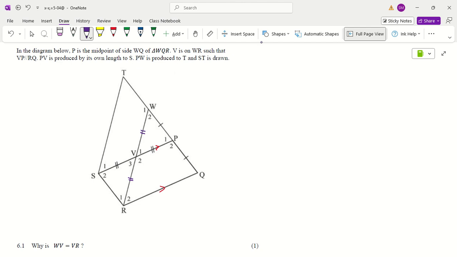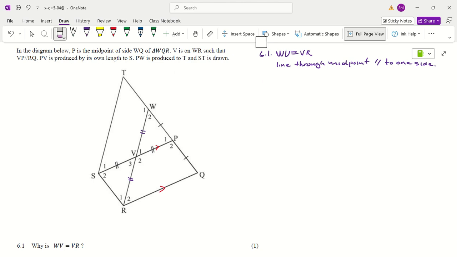So for 6.1, WV is equal to VR because we have a line through a midpoint parallel to one side, it makes V the midpoint also. Okay, fine.